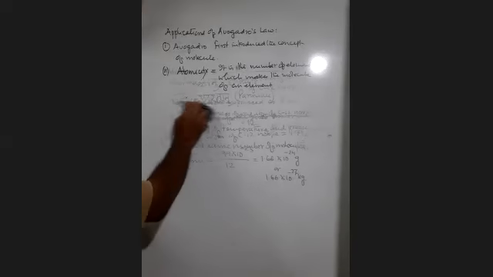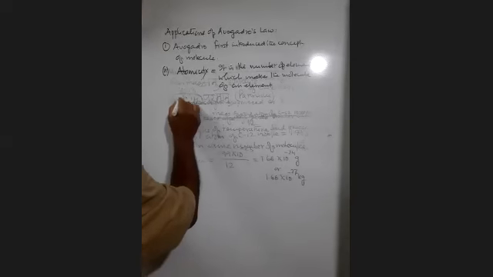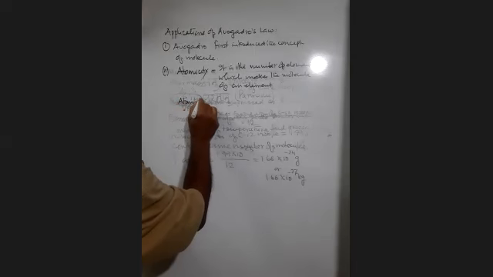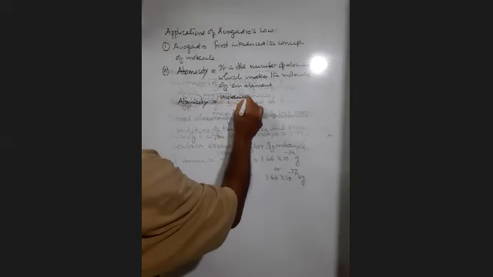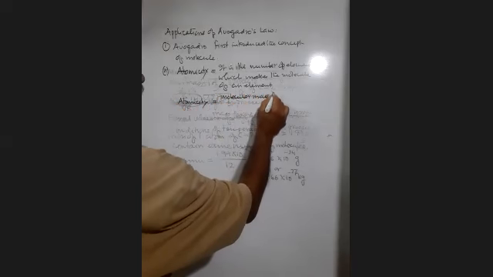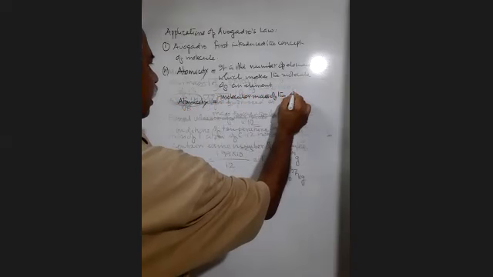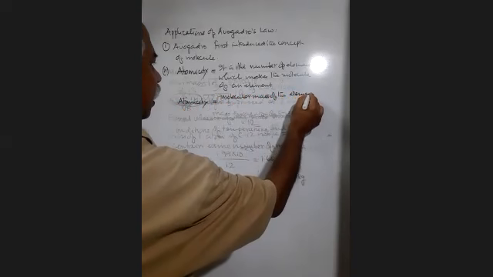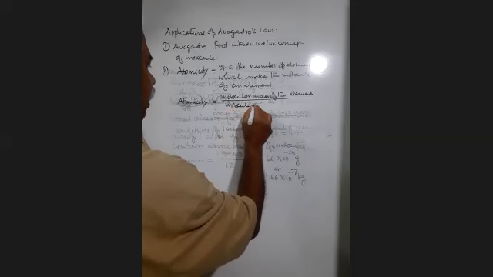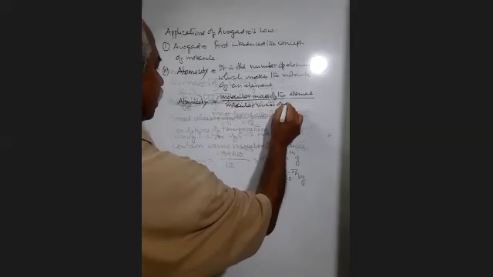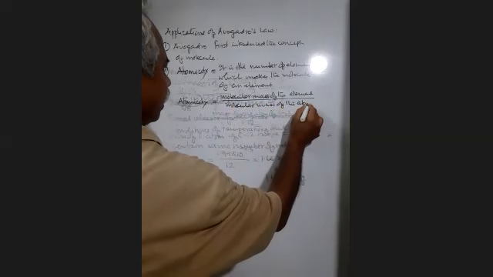So how will you determine atomicity? Atomicity is nothing but the molecular mass of the element divided by the atomic mass of the atom. Okay, that way you can find it.